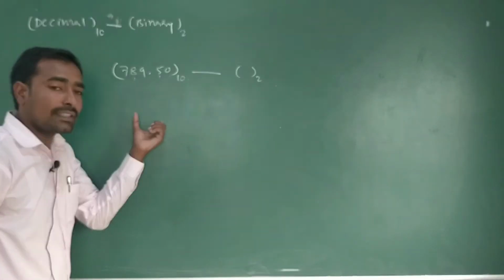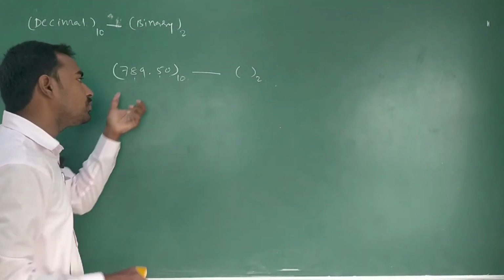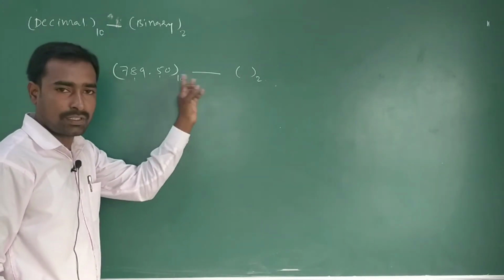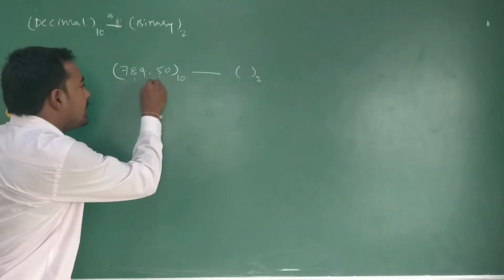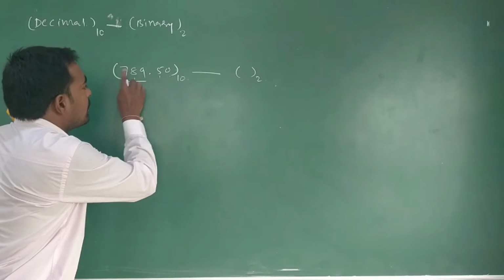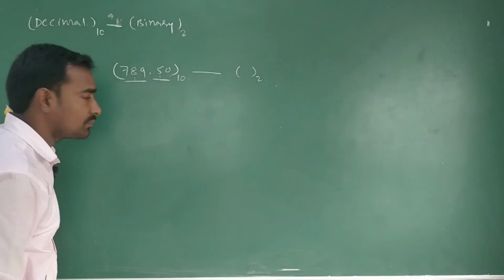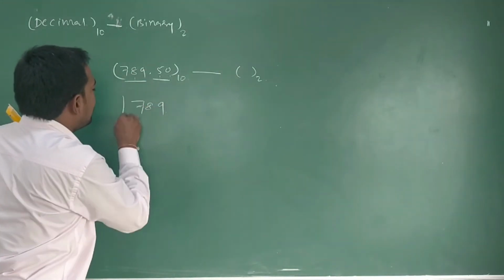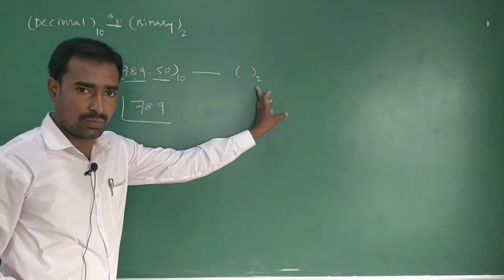When converting the decimal number into binary, we have to divide by 2. We have to take 789 and the fraction 0.50 individually. Here I am taking 789, and this will be divided by 2.